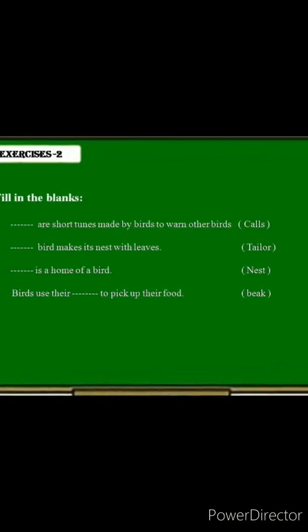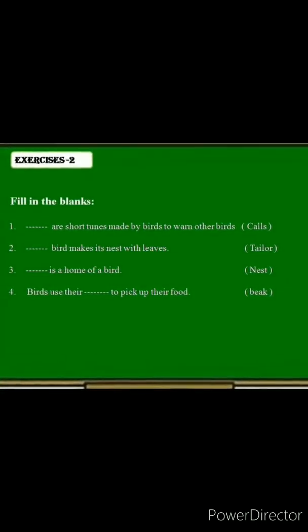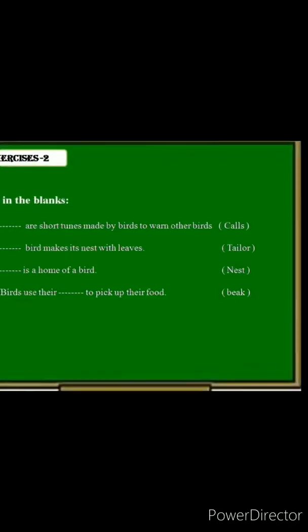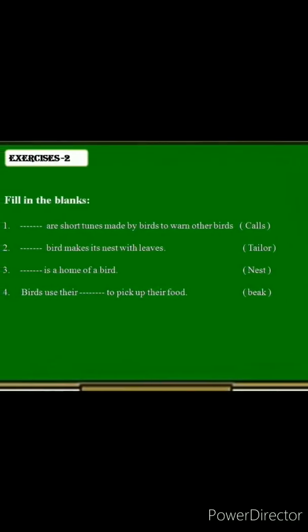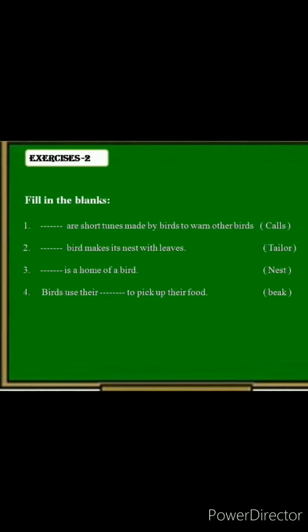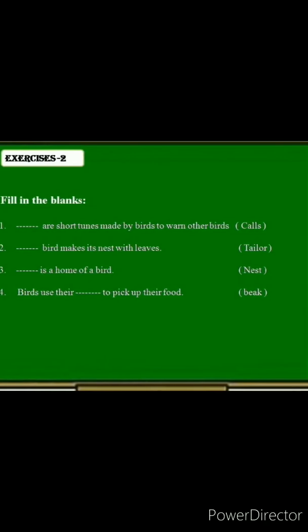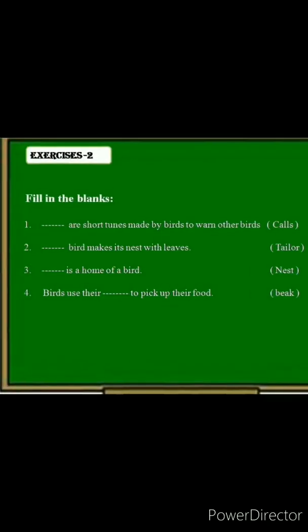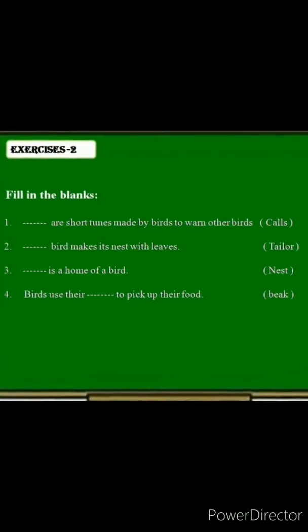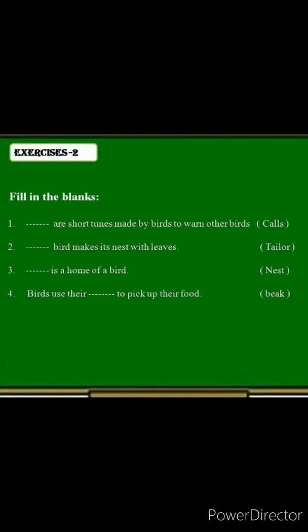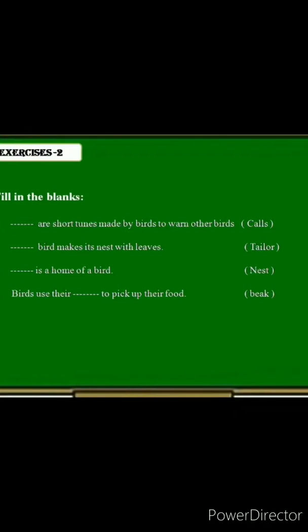Next. Dash is a home of a bird. Nest is a home of a bird. Next one. Birds use their dash to pick up their food. Birds use their beaks to pick up their food.